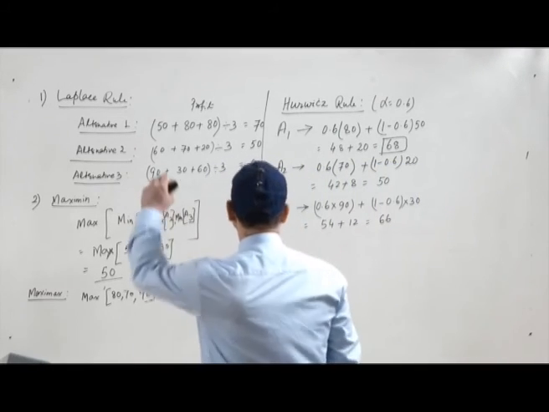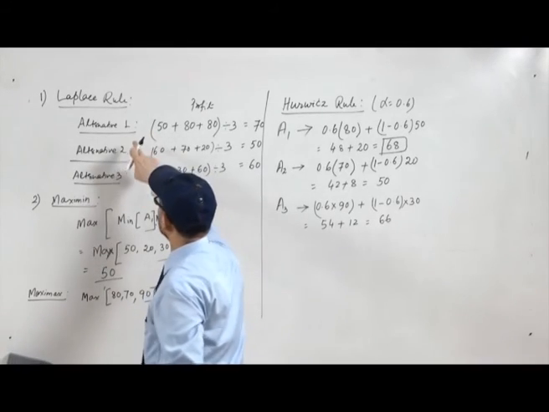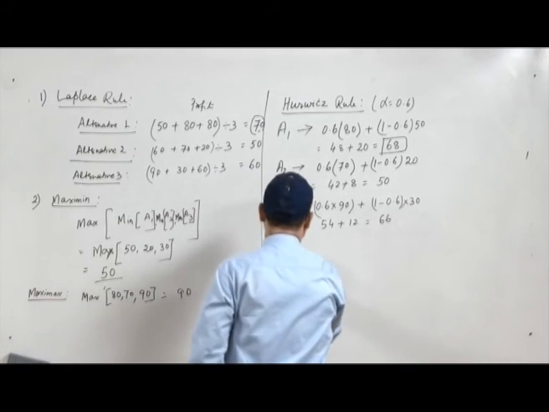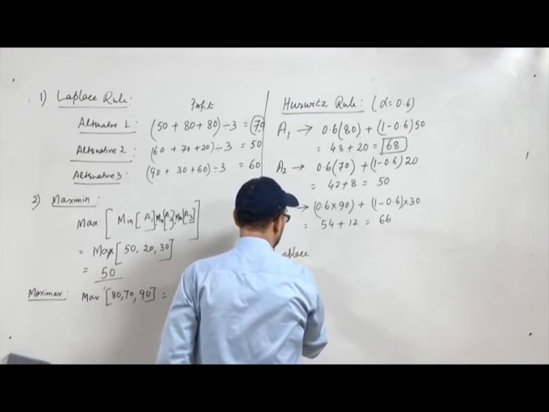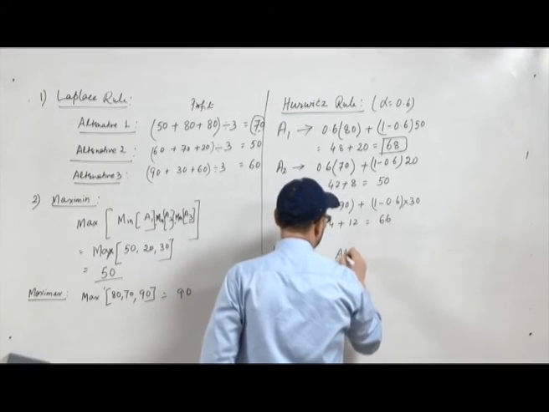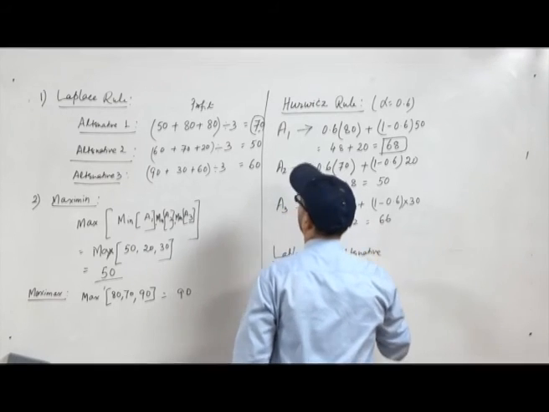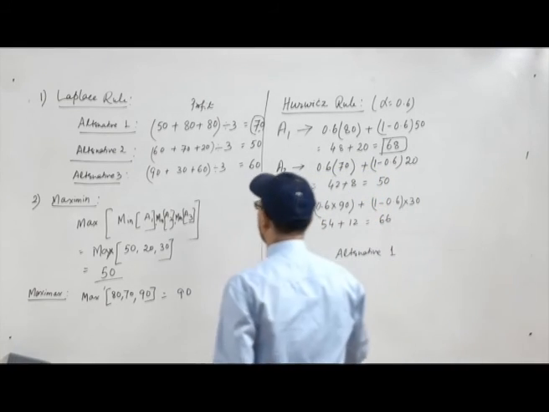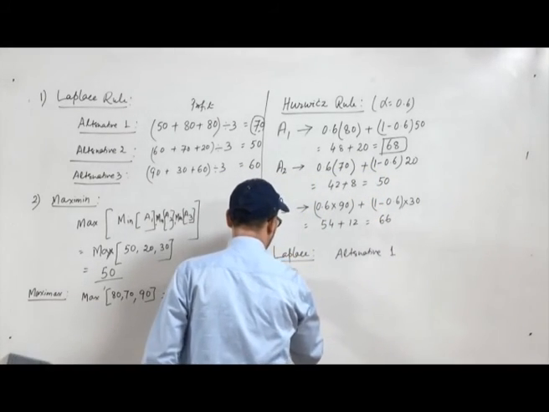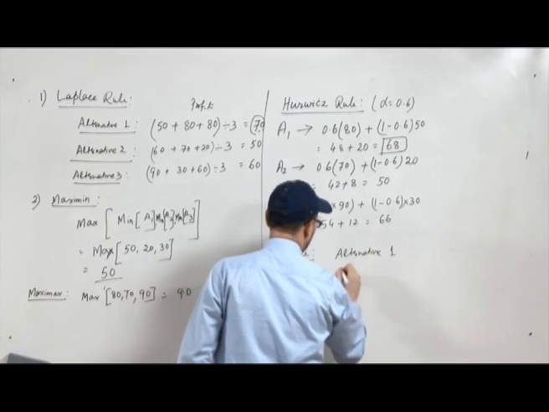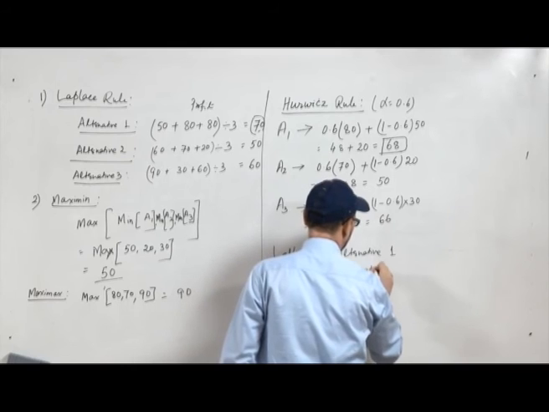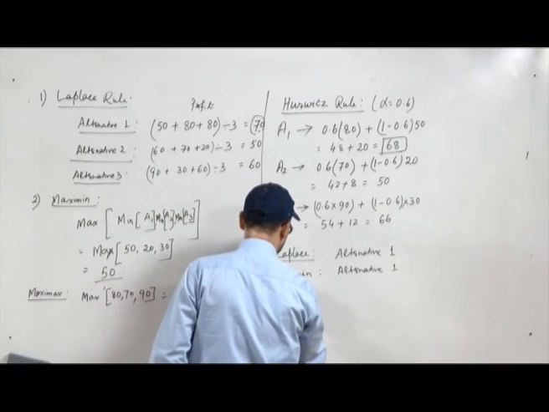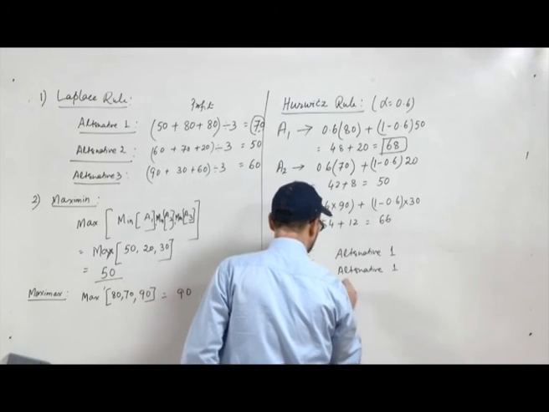So, what we see is that using the Laplace rule, you prefer alternative 1, which is giving you the maximum. Using Laplace, alternative A1 gives you the maximum value. Maximin, alternative 1 again. Maximax, alternative 3.